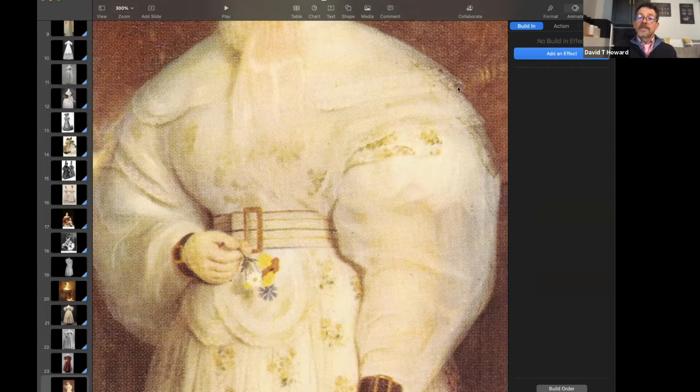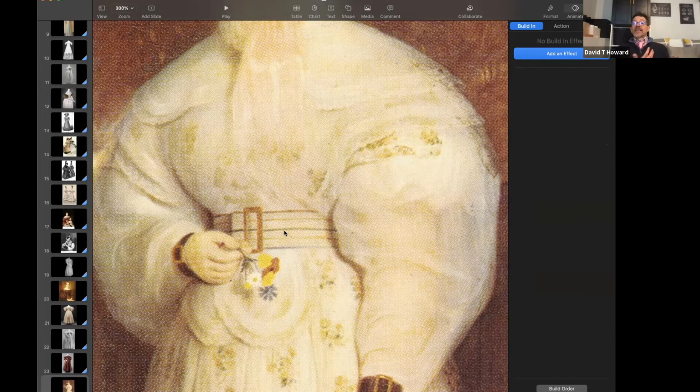Okay. If you notice, can you see that there's sort of a capelet happening here, but then it comes down, right? It comes down into these little tabs that hang down in front.